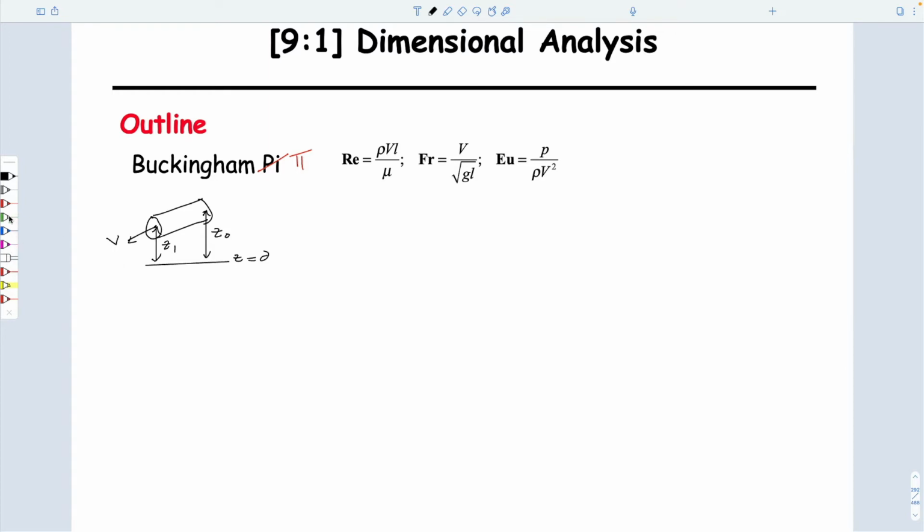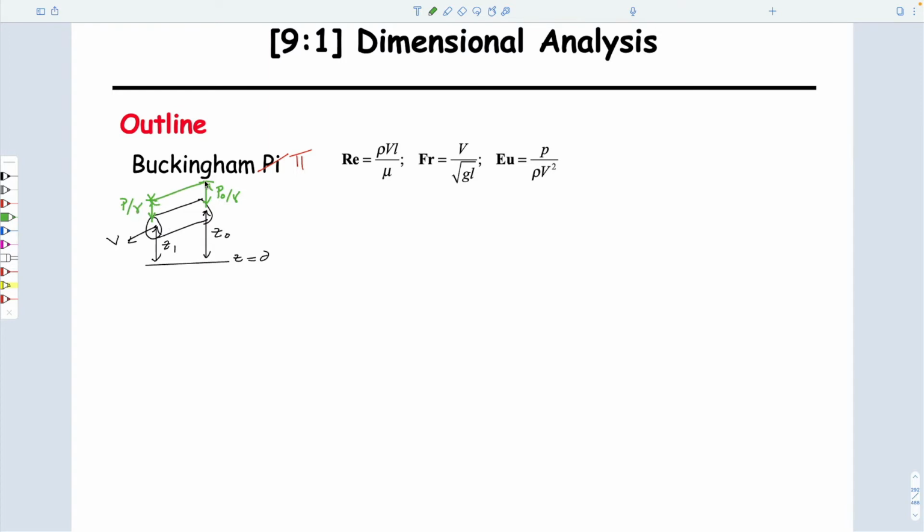And if we do it in green again, just like we did last time, we could draw a pressure upstream and a pressure downstream. And this is P0 over unit weight, and this would be P1 over unit weight.